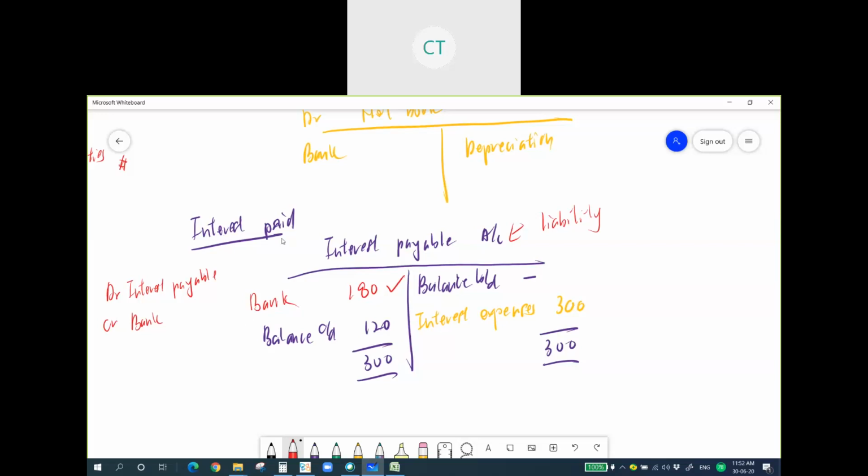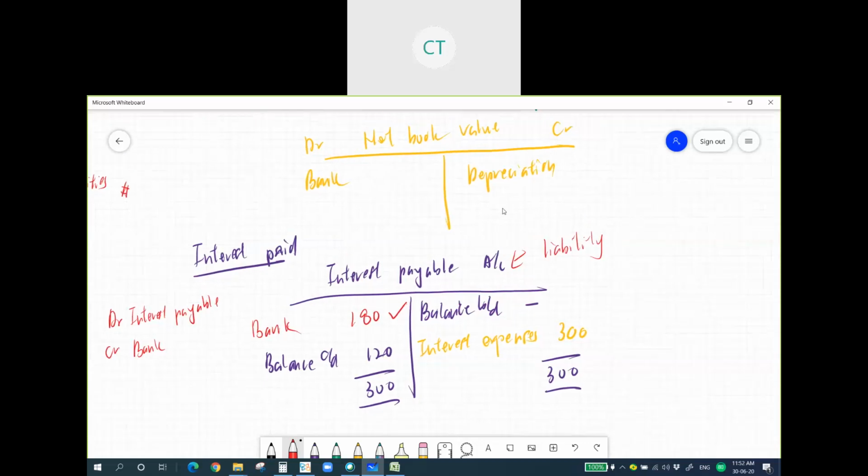Alright, class, do you have any question on the interest payable account? No question. If no question, then we can go to our cash flow statement.